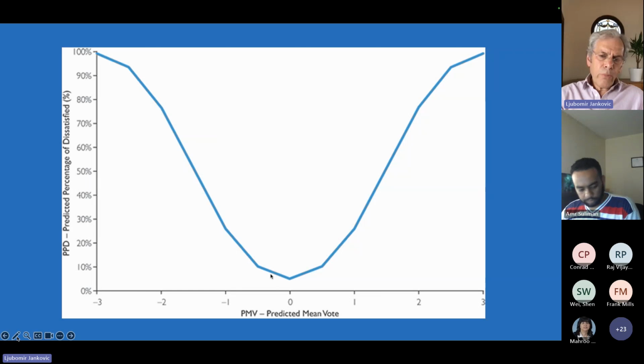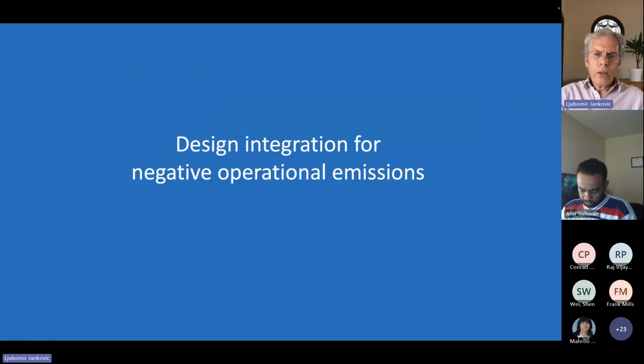But in order to make the building perform satisfactorily for occupants, we shouldn't go more than 10% of PPD. And you can see that this is somewhere here. If we go further away from thermal neutrality in either direction, then predicted percentage of dissatisfied goes up exponentially, and people are going to be uncomfortable.